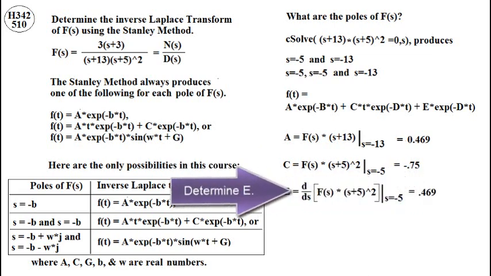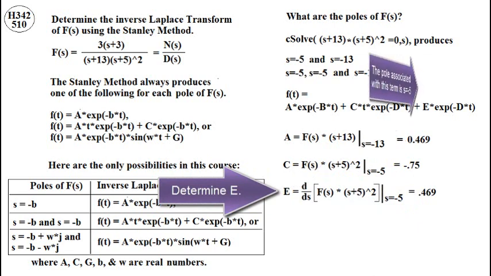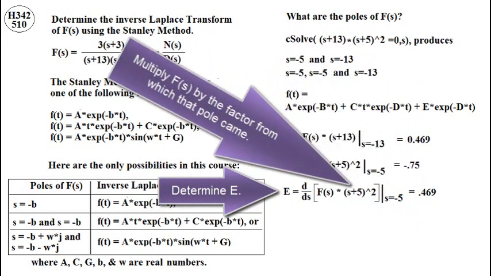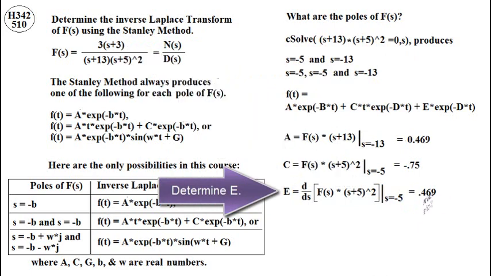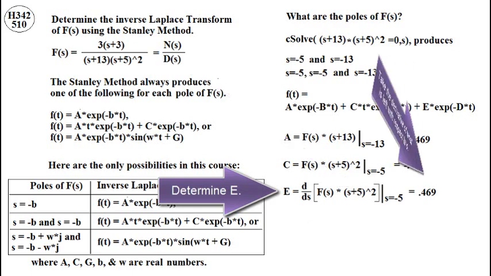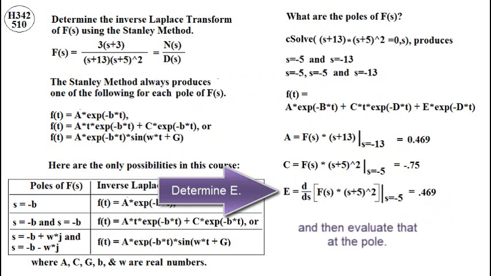Determine E. The pole associated with this term is s equals -5. Multiply the function by the factor from which that pole came, which will cancel that same factor in the denominator. Take the derivative of what's left with respect to s, and then evaluate that at the pole.